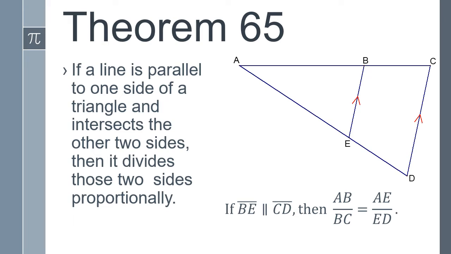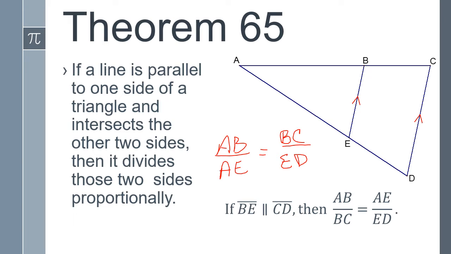Now, keep this in mind. Because of the means extremes product theorem and the ability to switch positions, we can also say that AB over AE is equal to BC over ED.